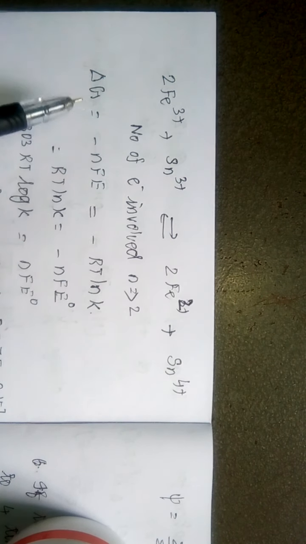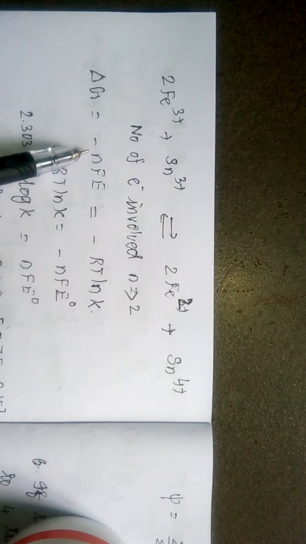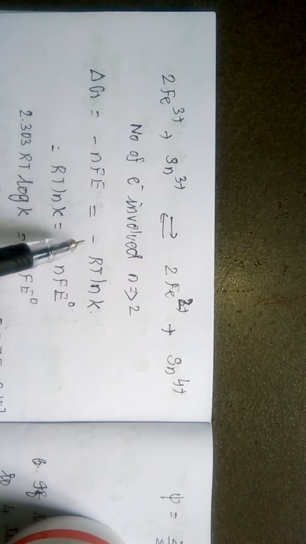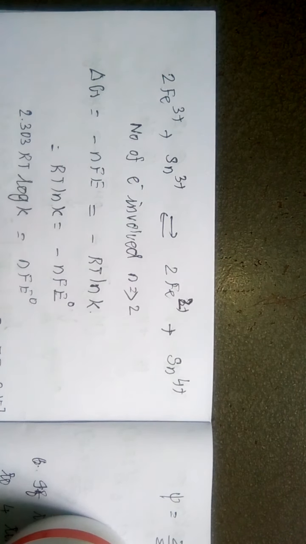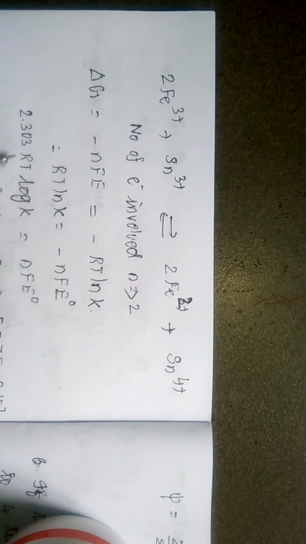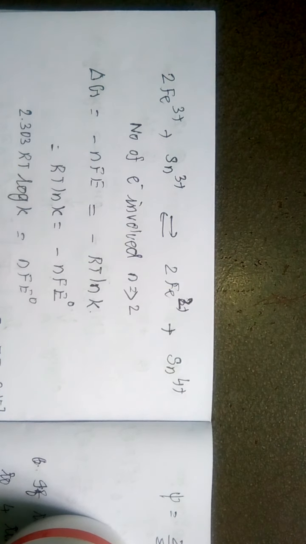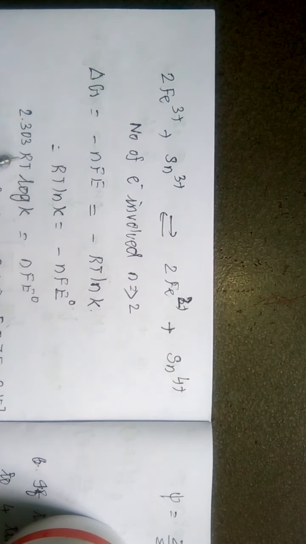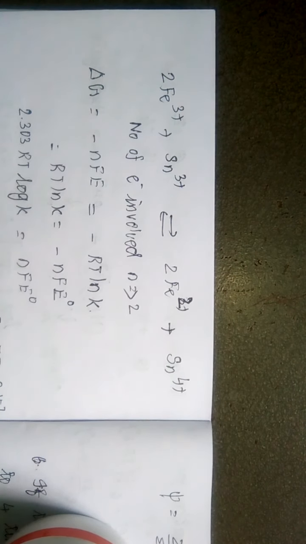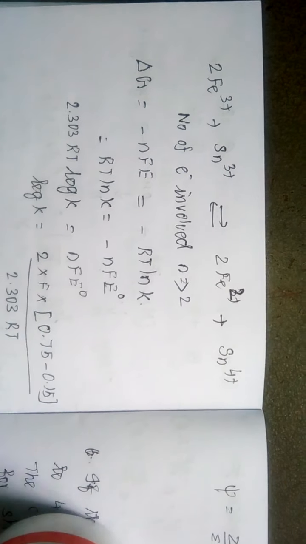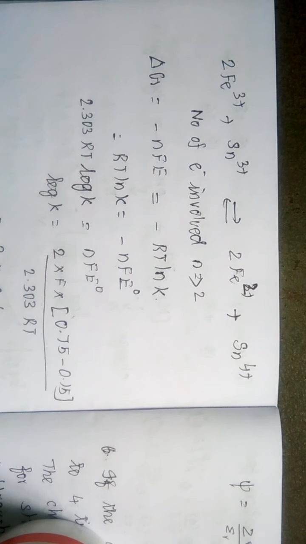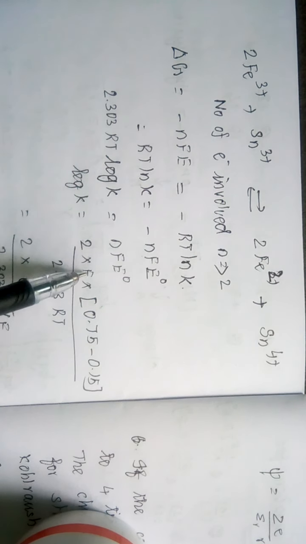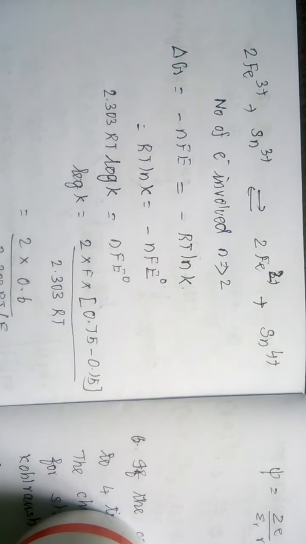We know that delta G, the change in Gibbs energy, is equal to minus nFE naught, otherwise minus RT ln K. So minus RT ln K is equal to minus nFE naught, the minus signs get cancelled. The value 2.303 RT is given in the question. So 2.303 RT log K is equal to nFE naught. When I rearrange these equations, log K is equal to nE naught divided by 2.303 RT by F, and the value is given as 0.06.